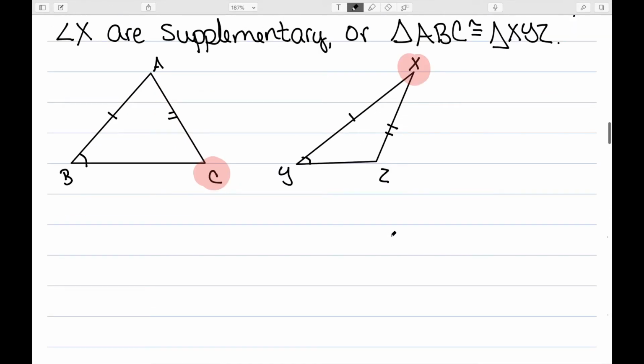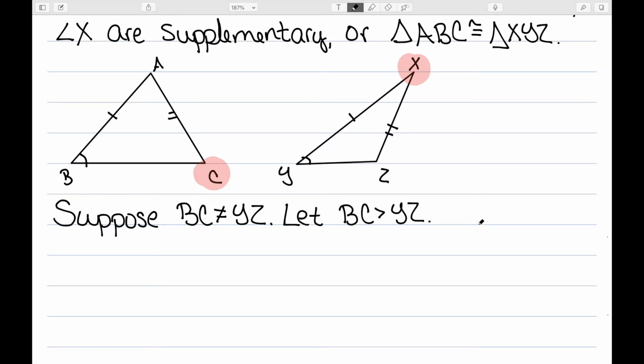So let's scroll down a little bit and look at proving this. We start by supposing BC is not equal to YZ. If it is equal, then we have side, side, side, and these triangles are already congruent. And we'll assume side BC is the longer of the two.